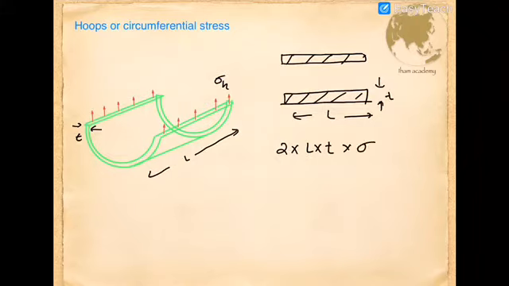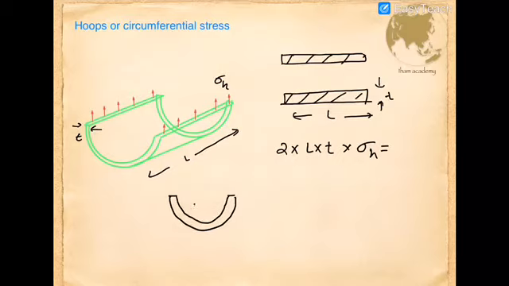Into the corresponding sigma h will be equal to the bursting force. Bursting force is definitely the pressure into area. The pressure acting is internal. This is the curved cross section I am discussing. The net pressure acting will be the product of pressure with the area of this length. If we resolve this force at a particular small area, this pressure into area can be resolved as a force value. Some component will be horizontal and some will be vertical.